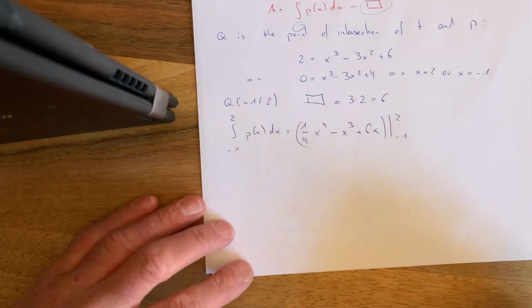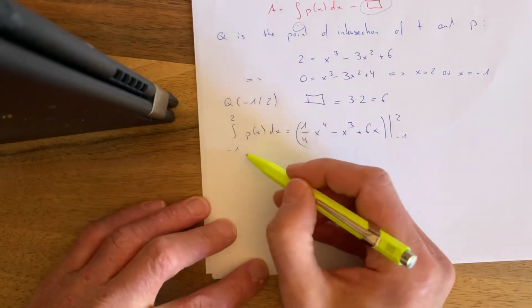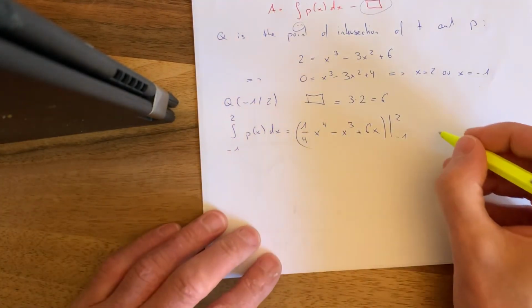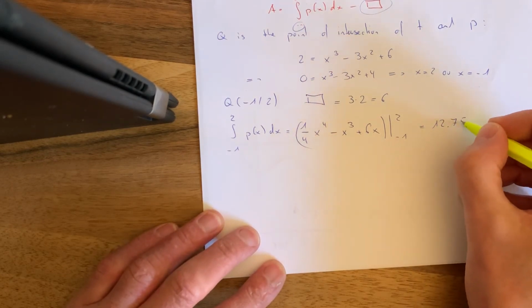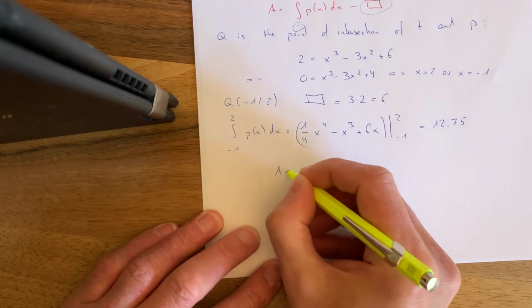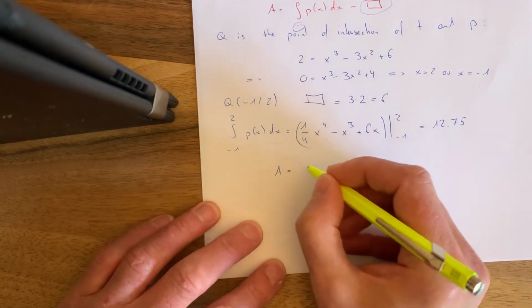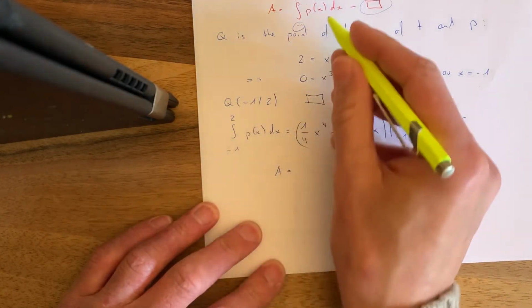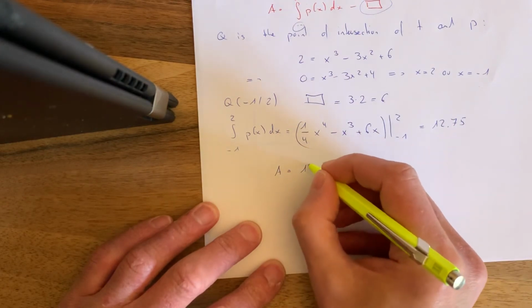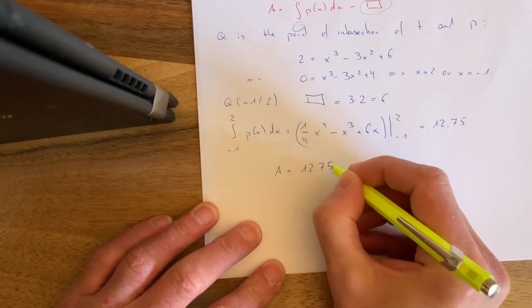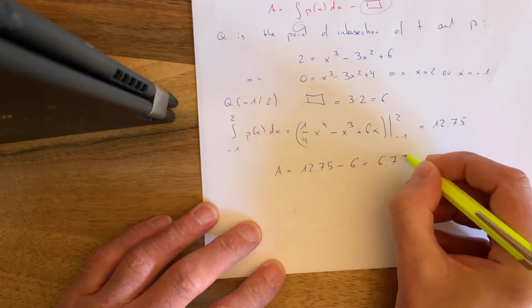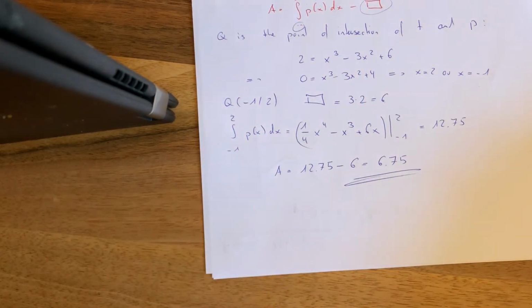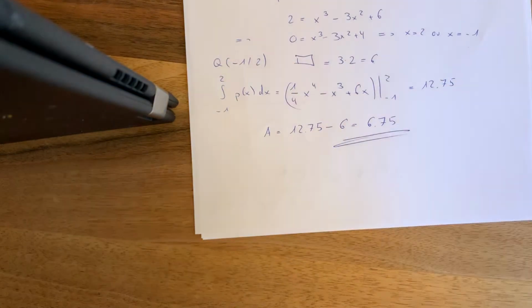As I said, you can just plug this into your calculator, and doing the calculation leads to 12.75. So in the last step, we calculate the size of our area by taking this area minus the rectangle from above, so it's 12.75 minus 6, which is 6.75, and that's it. That's the whole point of this exercise.